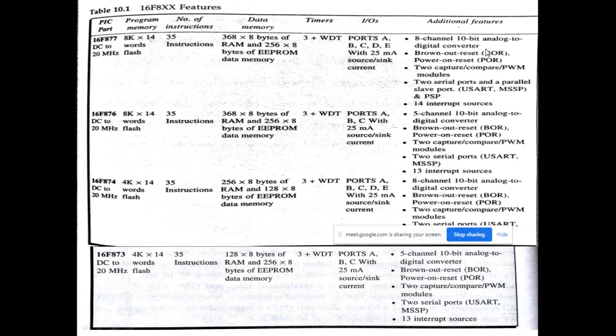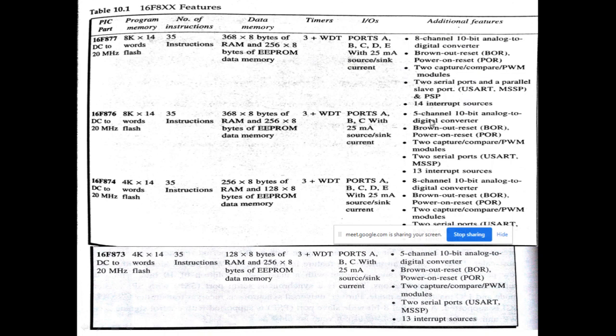So you don't have to use a separate IC for an ADC. This microcontroller itself contains ADC. This feature is not available in 8051. None of the 8051 devices has an ADC. But PIC microcontroller has ADC, 8-channel 10-bit ADC.